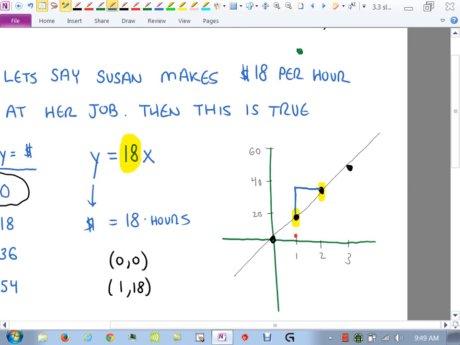The words we'll be using is I will rise a certain amount, right? And then I will, well, what word do we use to say go that way? We use run. I don't know why, that's just the word we use. Rise is up and down, run is left and right. So I would rise by a certain amount and I would run by another amount. So what about getting from that point to the next one? Would it be the same rise and the same run?